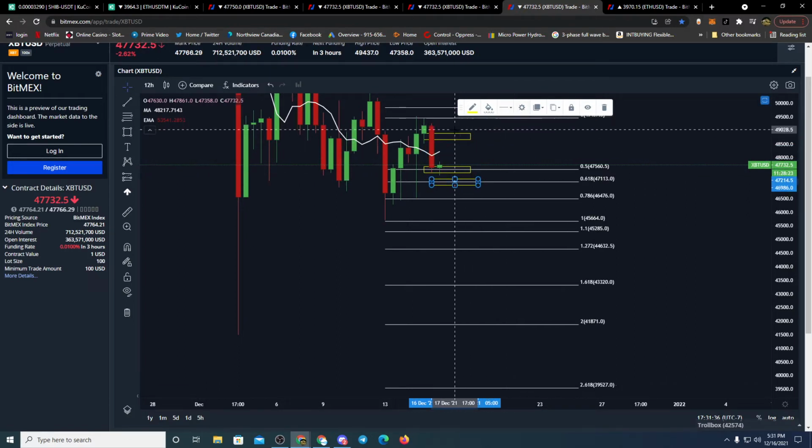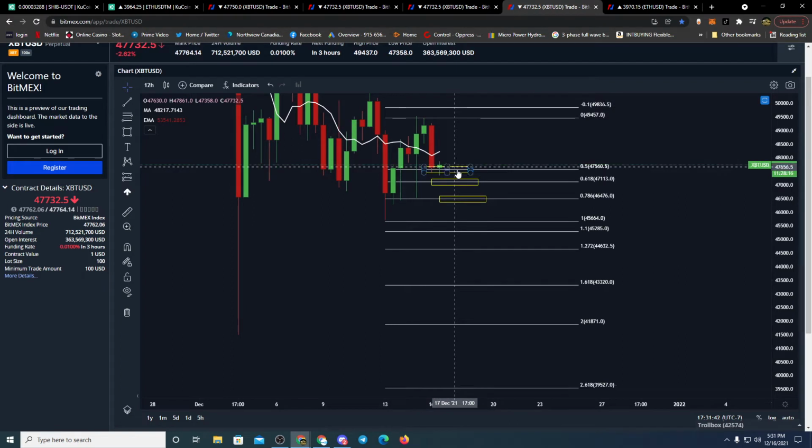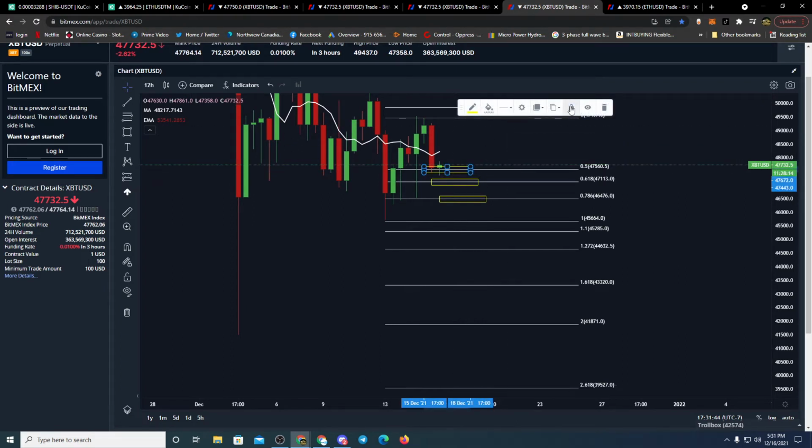Now, what I usually say is, the first three targets are conservative targets, high probability for a good trade setup when you have everything working together to form it.